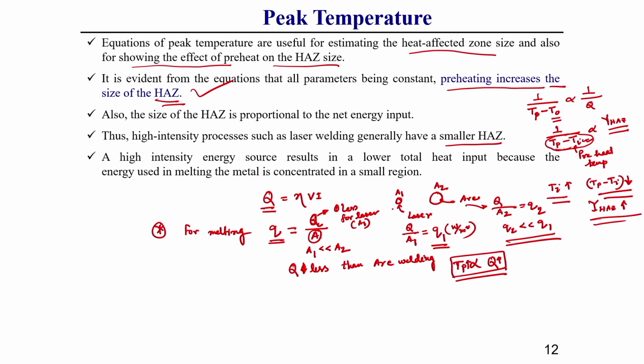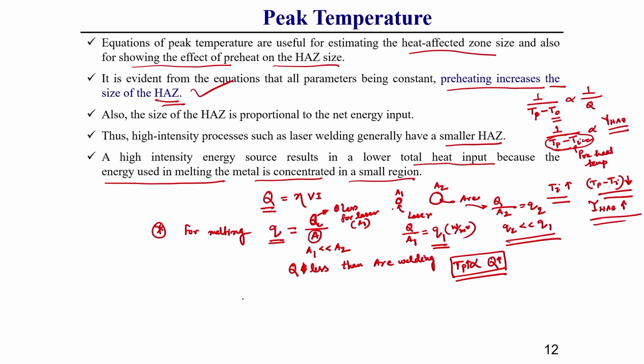Higher the Q value, higher the peak temperature. That is why I have written here that a high intensity energy source results in lower total heat input, because the energy used in melting the metal is concentrated in a small region. So, you should keep that in mind.